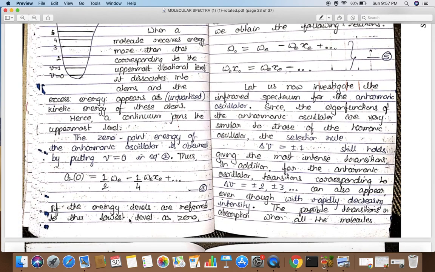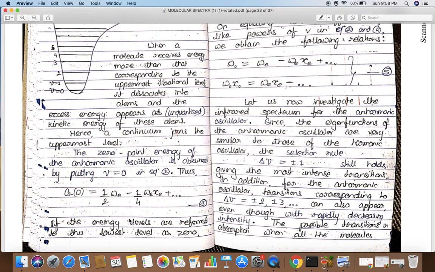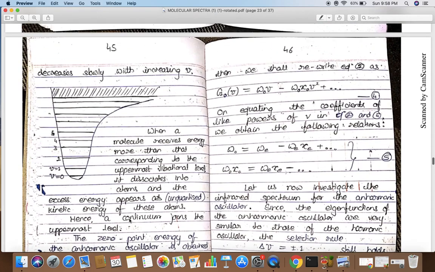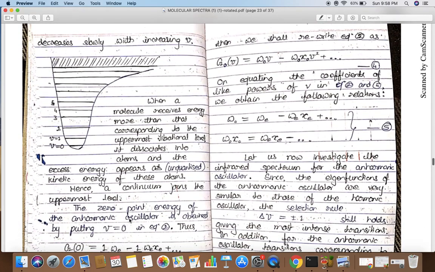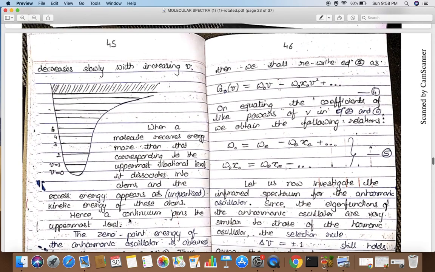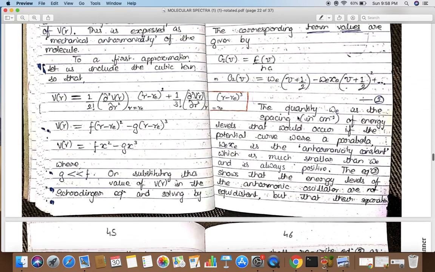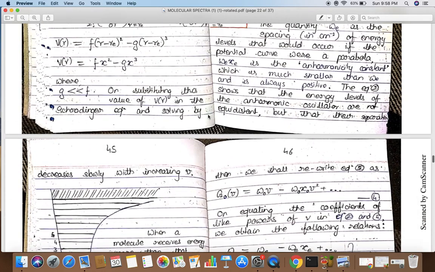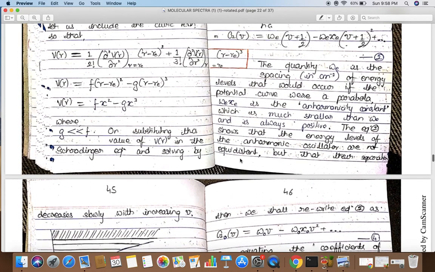If the energy level is referred to the lowest level as 0, then in equation 2 we are not considering the half factor, and I could write omega 0 of nu equals omega 0 nu minus omega 0 x0 nu square.